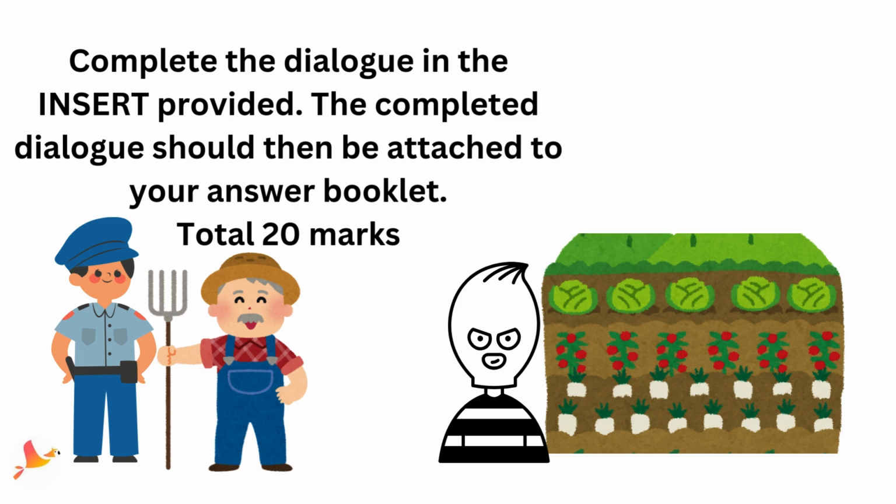Complete the dialogue in the insert provided. The completed dialogue should be attached to your answer booklet. Okay, so this is using the somewhat traditional format. This is what your sample exam should look like, without all the images, of course.